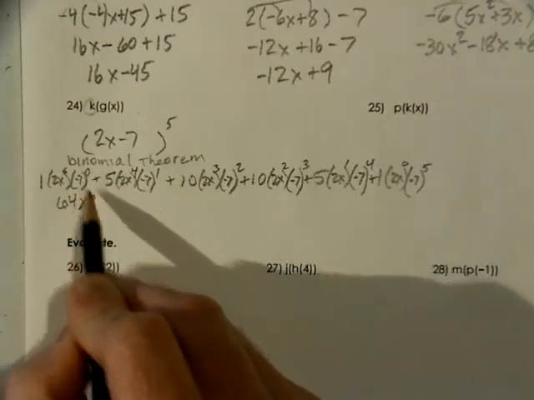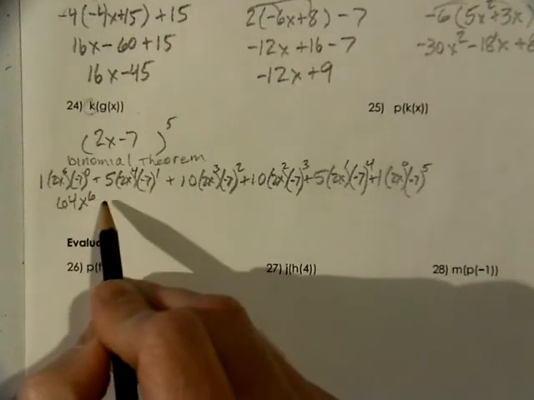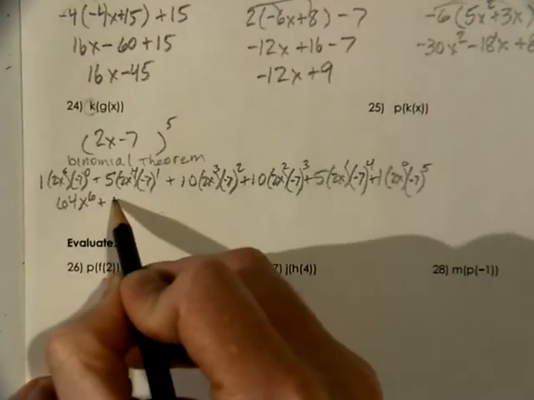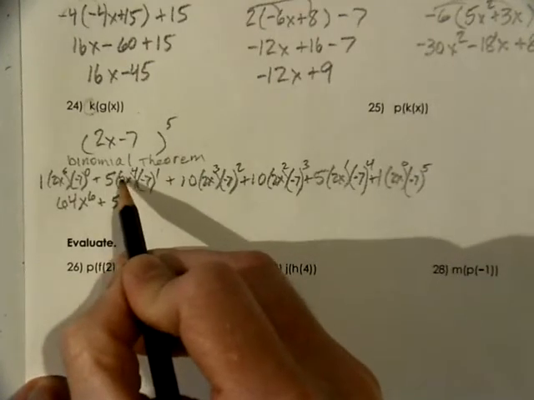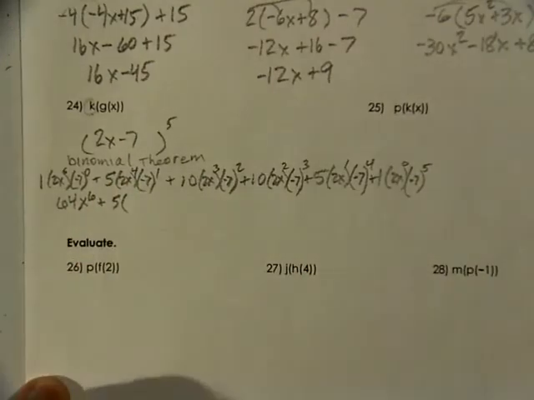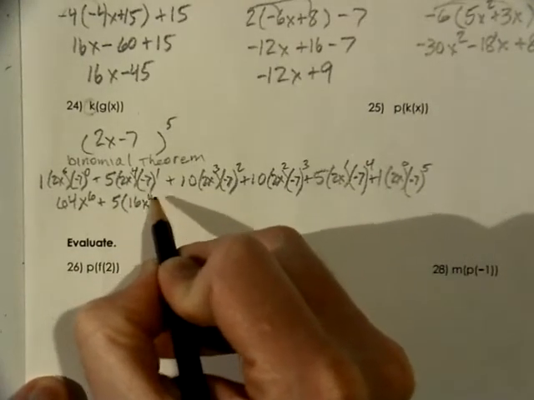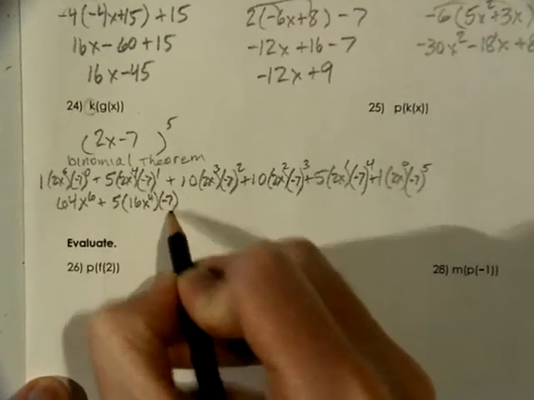Negative 7 to the 0 power is just 1. You can write 1 if you want, but you don't need to. This is a 5 times 2 to the 4th. 2 to the 4th power is 16. x to the 4th times negative 7.